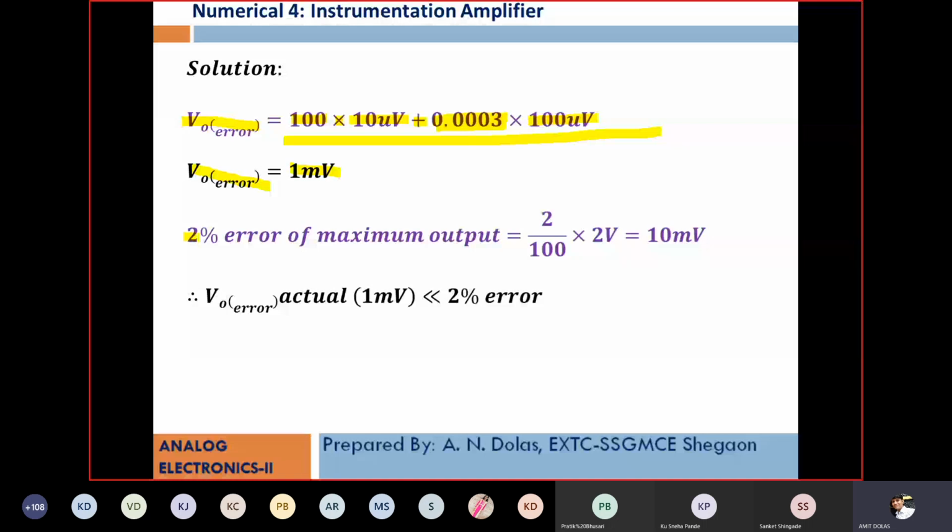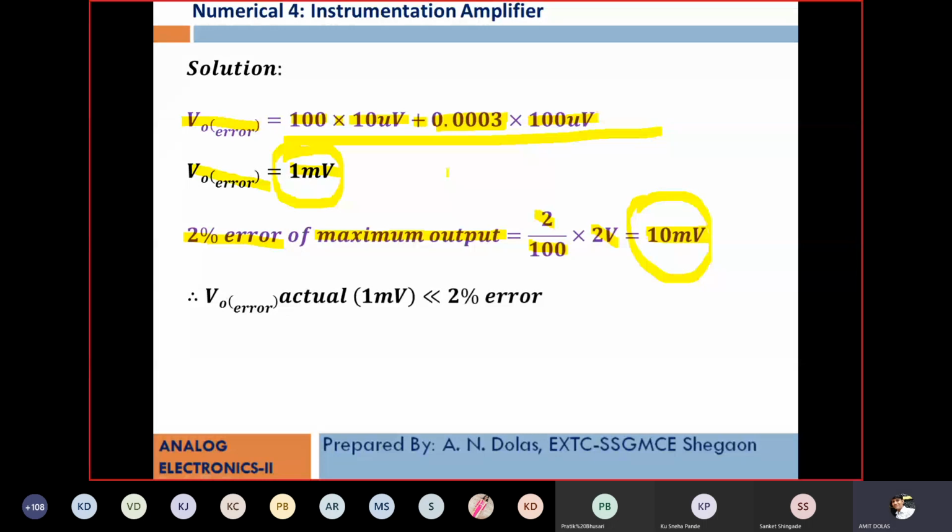2% error of maximum output is 2 by 100 multiplied by maximum output. We know maximum output of the amplifier is 2 volt, so it will be 10 millivolt. So 2% error means 10 millivolt, but our actual error is only 1 millivolt, which we may say is 0.2%.